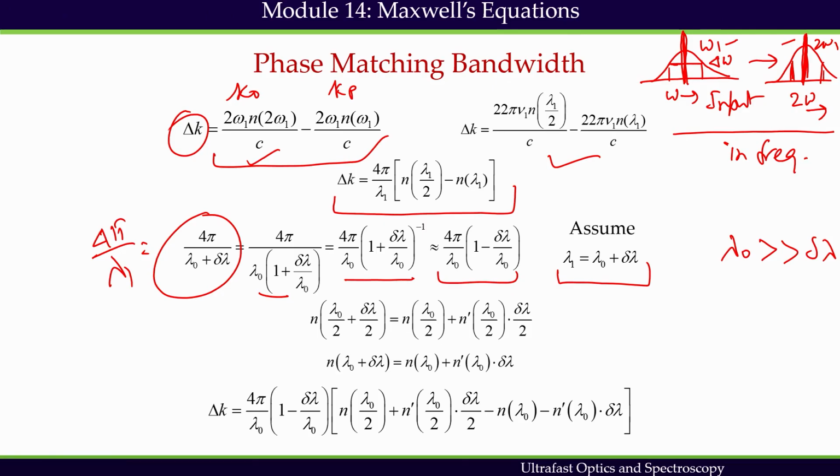So finally what we get is an expression like this, and what we are expressing here is the refractive index in terms of a Taylor series expansion centered at this wavelength and this wavelength.